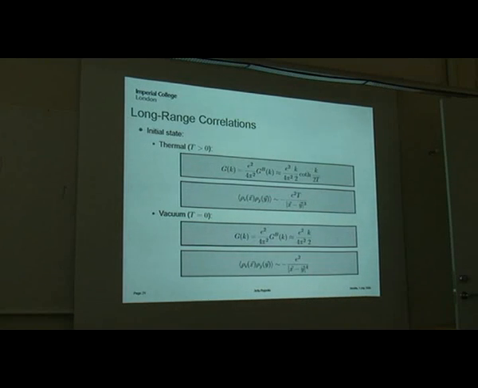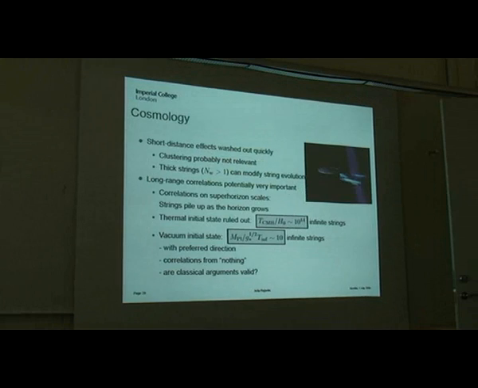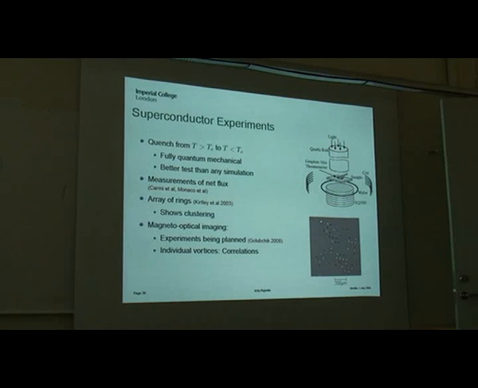And the interesting thing here is that it makes a prediction: there should be a 1 over r to the 4th correlation over distances that appear to be causally disconnected in a normal Big Bang scenario. It's interesting because it seems that we get something out of nothing. The initial state was just vacuum, but you still get this infinite range correlation.